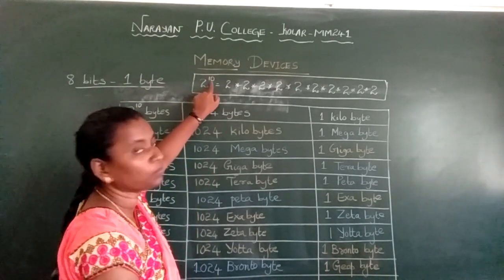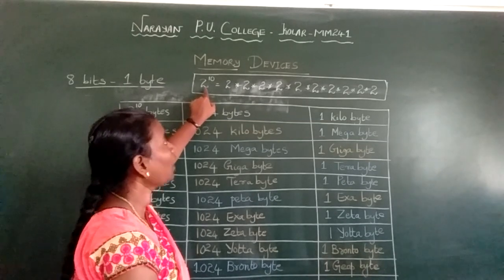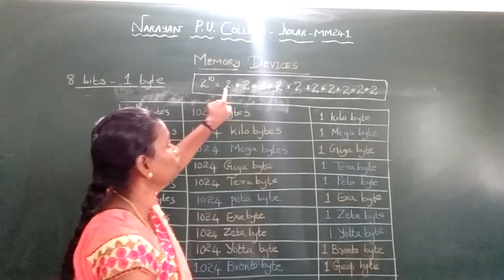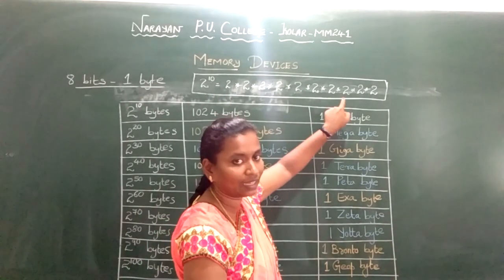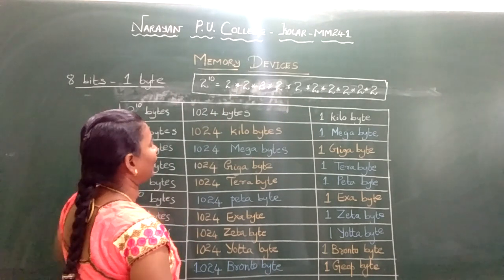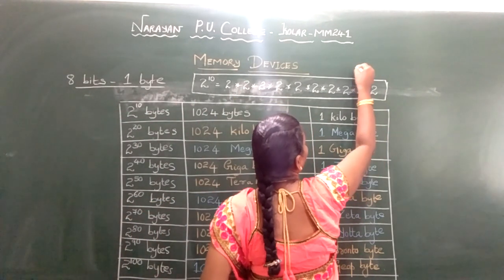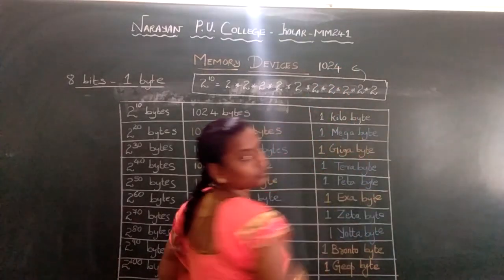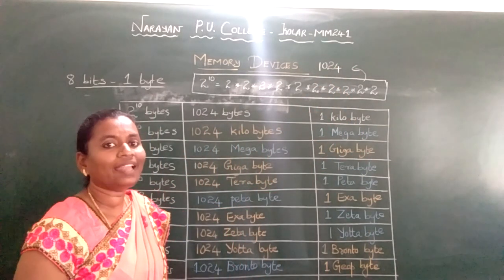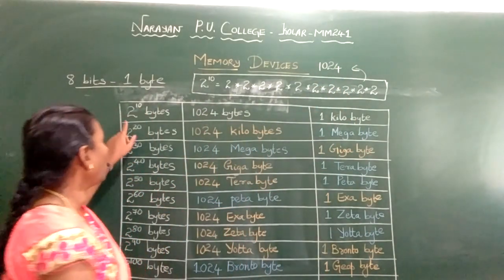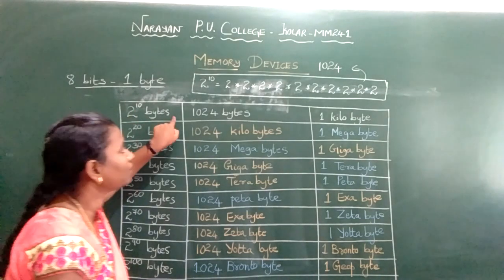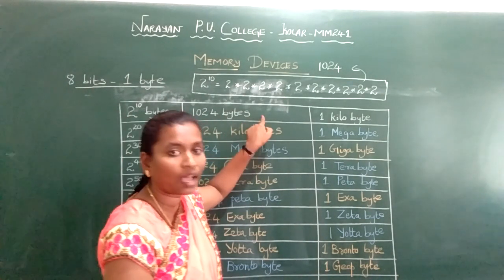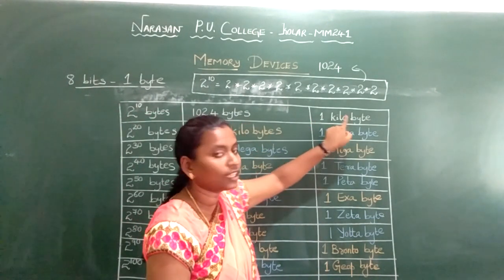Now, 2 raised to power 10 means 2 has to be multiplied 10 times: 2 into 2 into 2, ten times. So 2 raised to power 10 is nothing but 1024. We have 2 power 10 bytes, that is 1024 bytes, equal to 1 kilobyte.